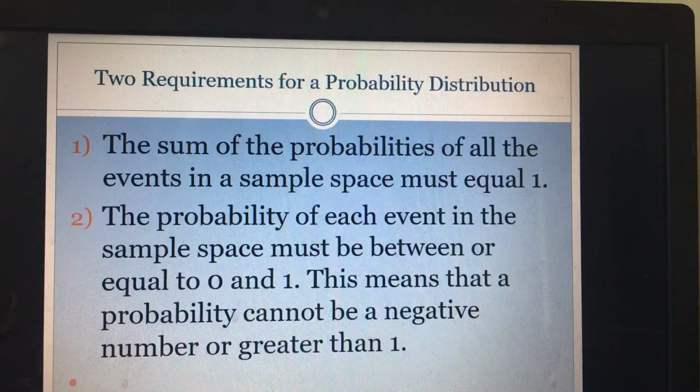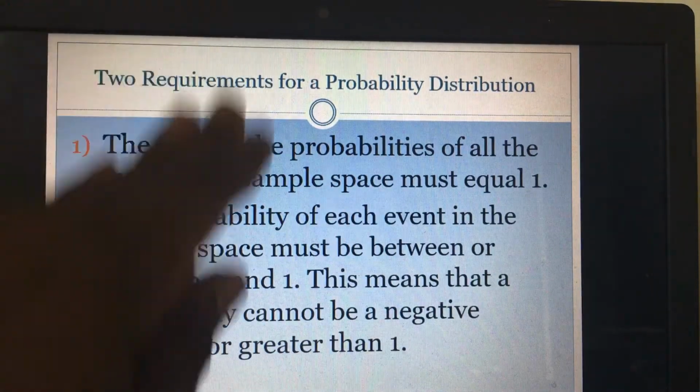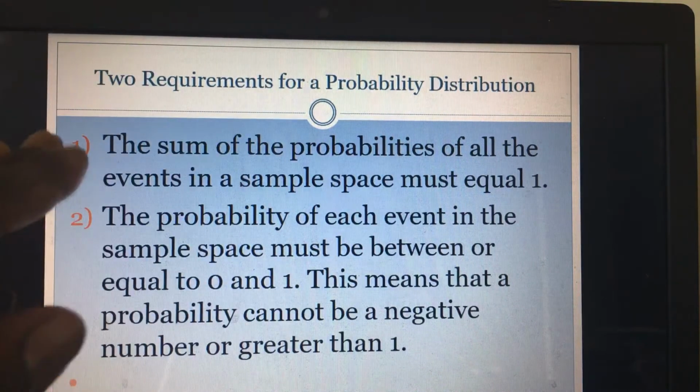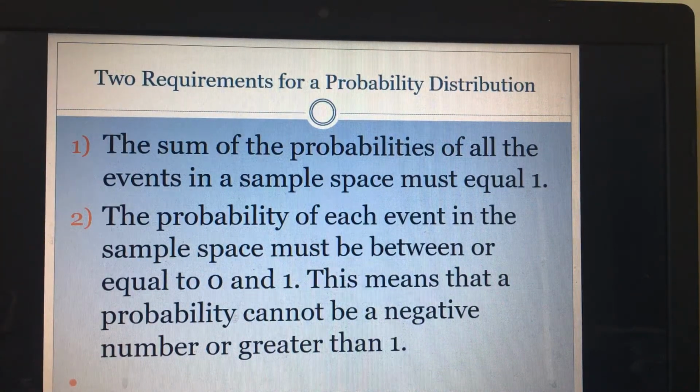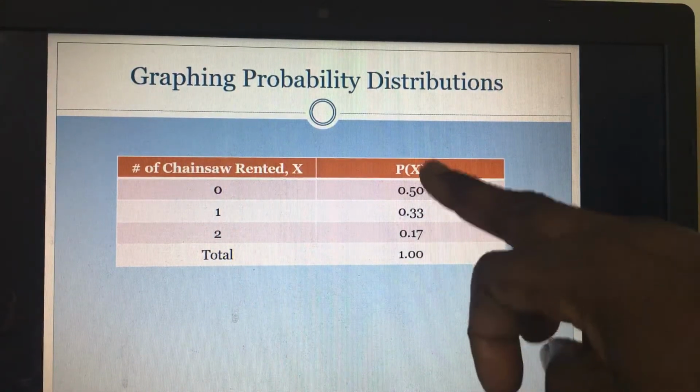Next thing becomes, there are 2 requirements for us to call it a probability distribution. First one is that the sum of all the probabilities in a sample space must be equal to 1. The sum of all the given probabilities must be equal to 1. If you look at the examples I've shown you before, you see the total is 1 if you add all these probabilities.